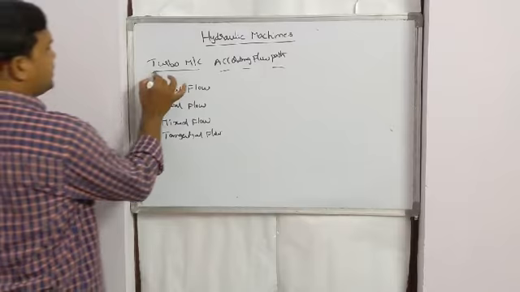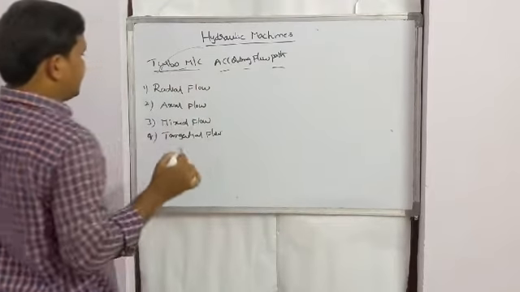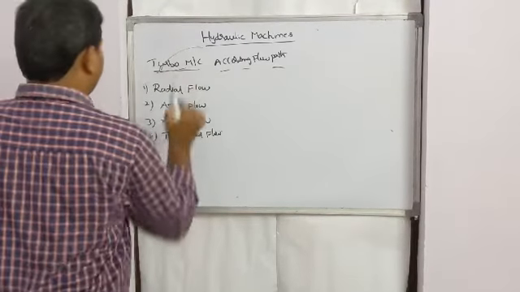So turbo machines or hydraulic machines are classified according to flow, first as radial flow.